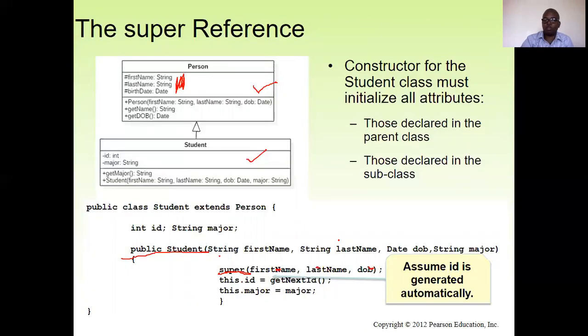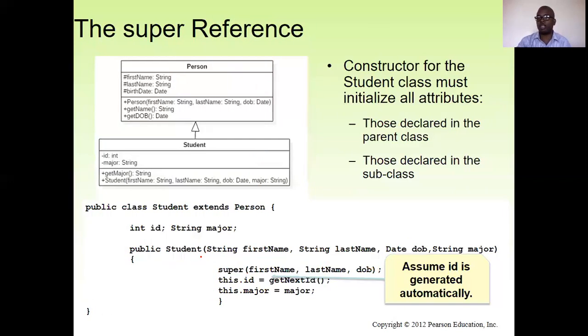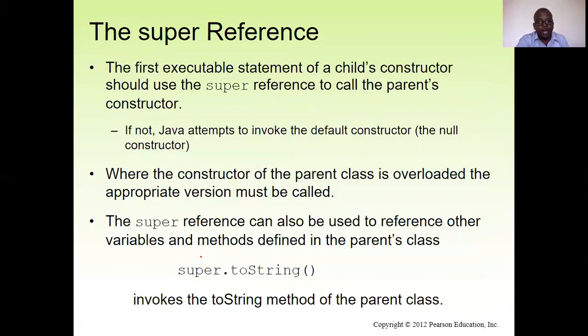And of course, do you notice we actually have the other variables. So my constructor now takes in the things for the parent class plus what I need for my actual child class, which is student. So it takes in all the variables for both parent and child. That's my constructor. All right.